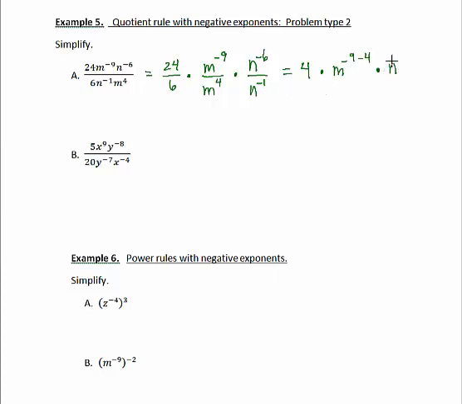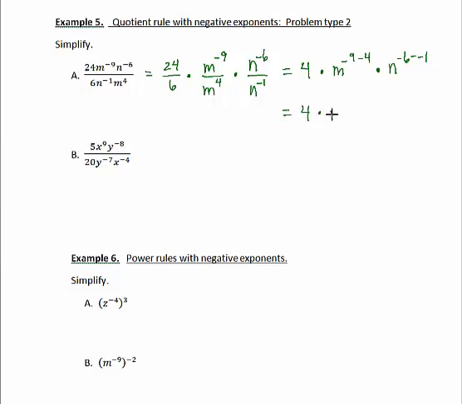Keeping the variables in the numerator, I keep the negative 6 on the top, and then I move the negative 1 to the top by subtracting it, so minus a negative 1 for the n.